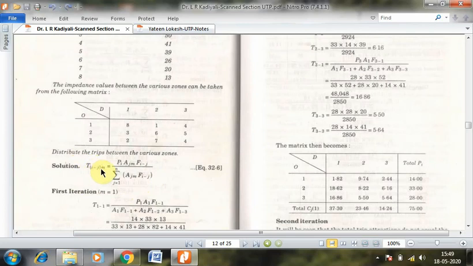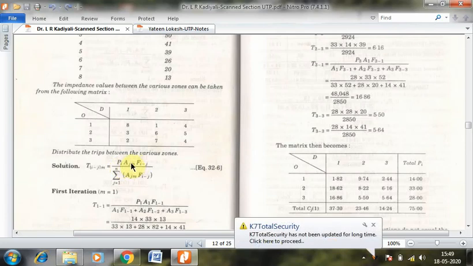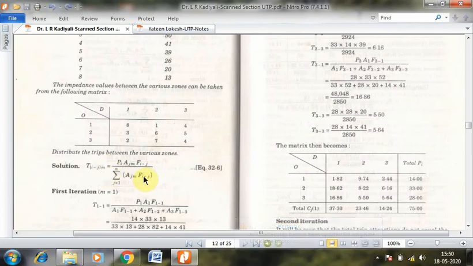Capital Tij for iteration m is equal to capital Pi, capital Aj for m iteration Fij, divided by the summation of the product of Aj and Fij, friction factor, for iteration m, where j ranges between 1 till n. So this is the equation. Again you will have to remember this equation. This being the first iteration, the value of m will be equal to 1.